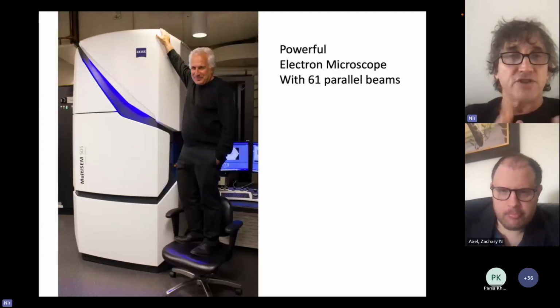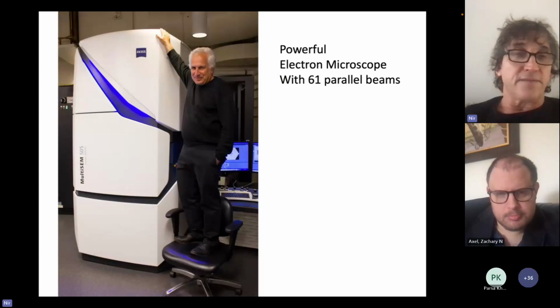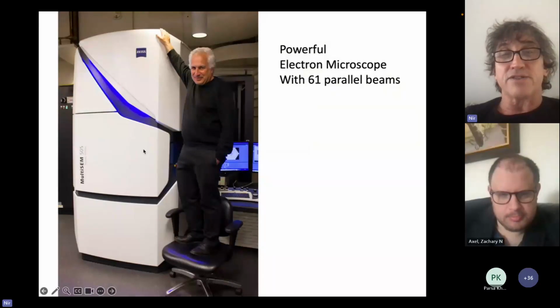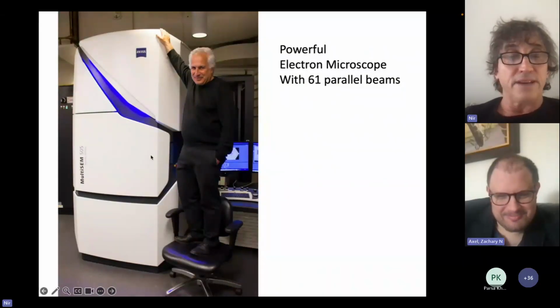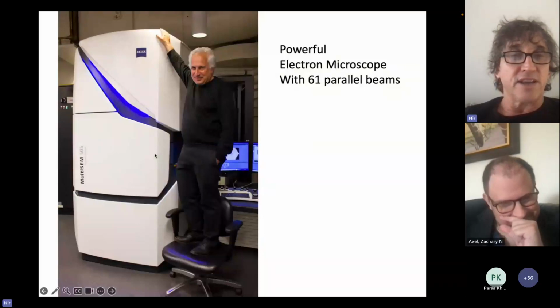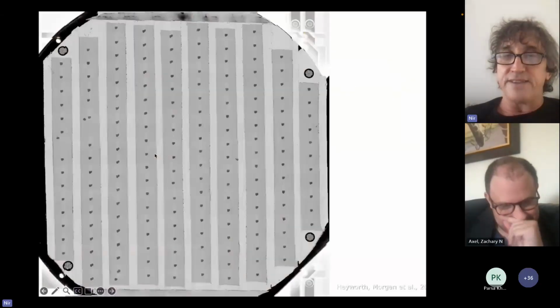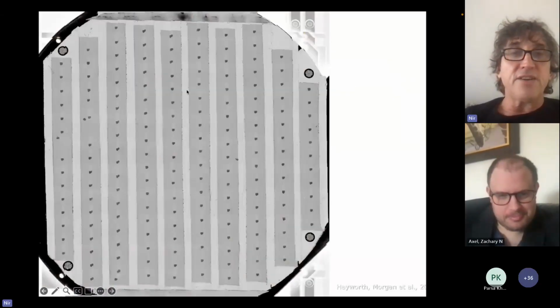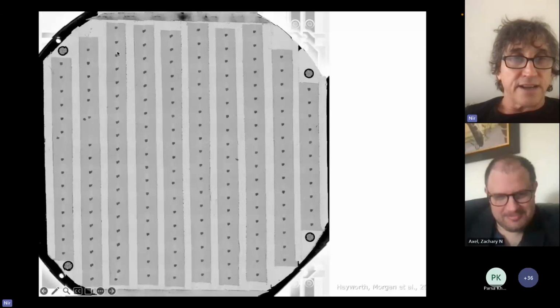Okay, and this is my colleague Jeff Lichtman from Harvard. This is not intended to show you how small Jeff is, but how big the microscope is. This is a 61 beam microscope that is used to actually look at these images. And so here are slices of brain on a disc. Each one of these guys here, right?